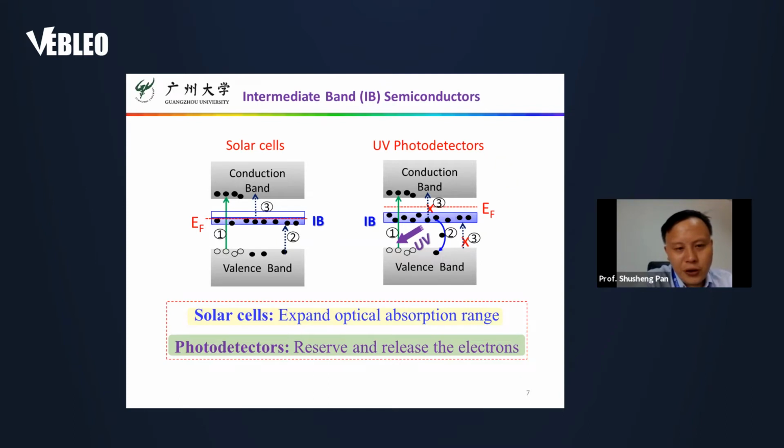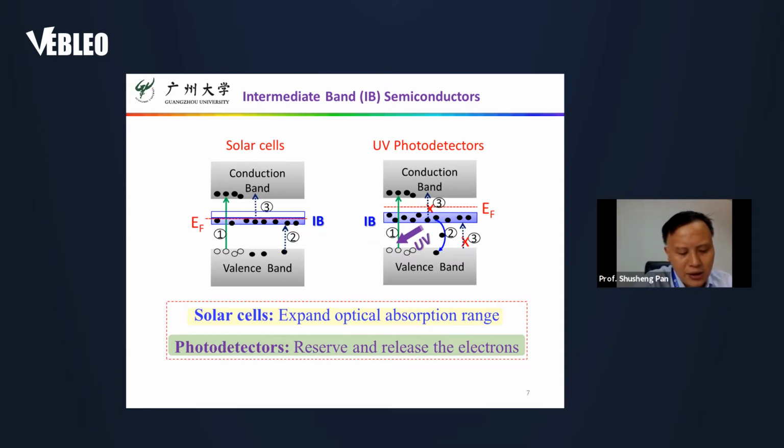For UV photodetectors, the intermediate band is fully occupied, which can reserve and release electrons. The electrons generated by the defects can be reserved in the intermediate band. As a result, the dark current is low.